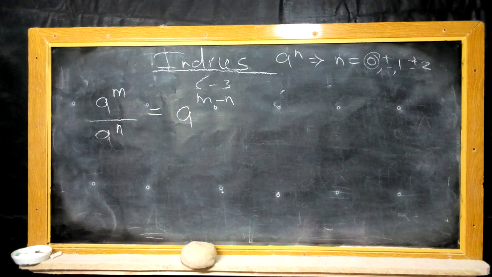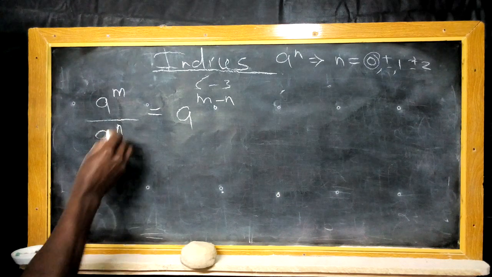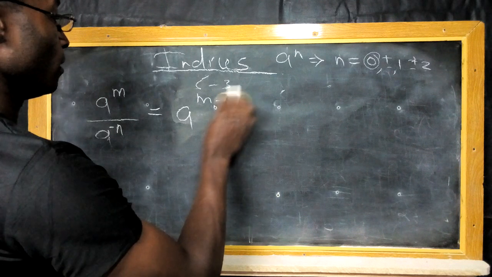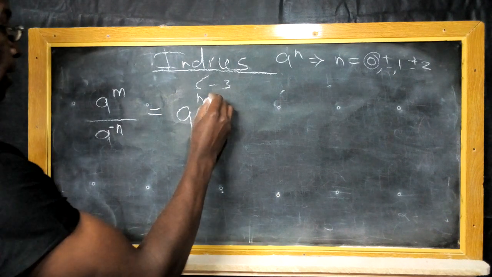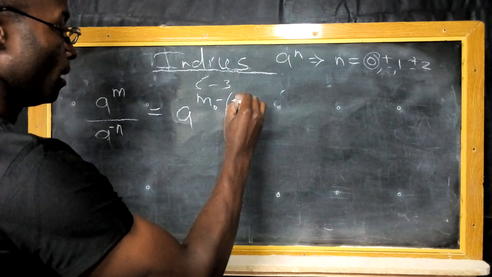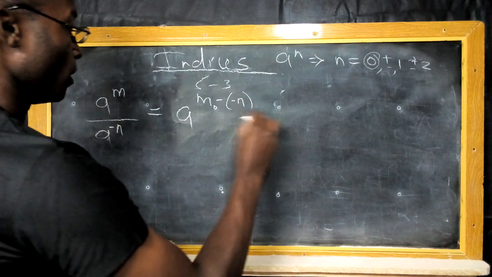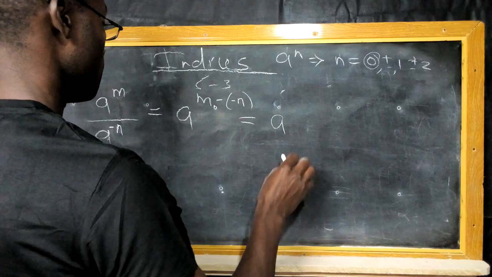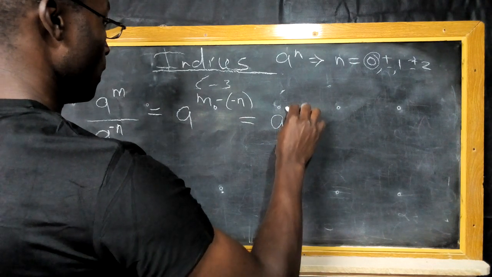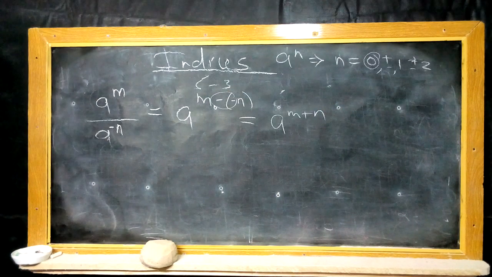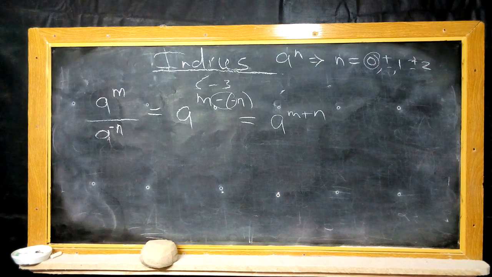Suppose n was negative, then we will have to indicate here that it is m minus, because it's a division, and then negative n. So this one will give us the answer of a to the power m plus n. A negative sign times a negative sign is equal to a plus, so it's going to give us that kind of an expression.